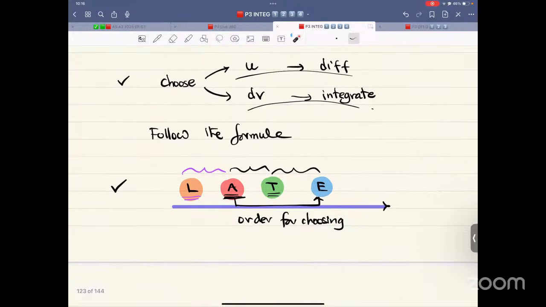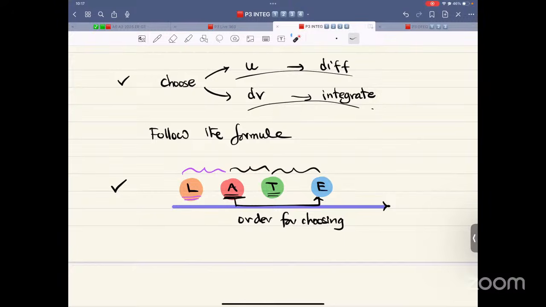choose u as something which you are able to differentiate easily and which finishes in the long run. That is why in most cases, u is chosen as the algebraic part. And what about dv? dv is chosen such that it can be integrated. So basically, the decision is about u, and dv comes naturally.